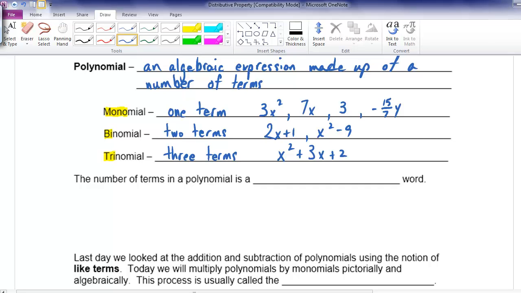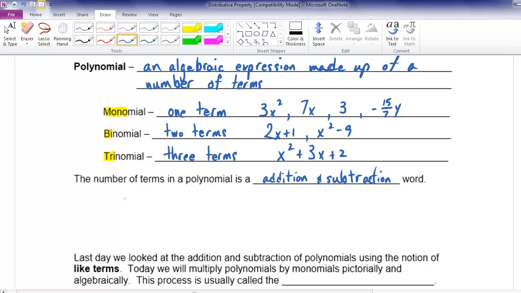So hopefully what we've recognized is the number of terms in a polynomial is an addition-subtraction word. By that I mean, in order to determine how many terms a polynomial has, you look at how many pluses and minuses there are. And there always seems to be one more term.